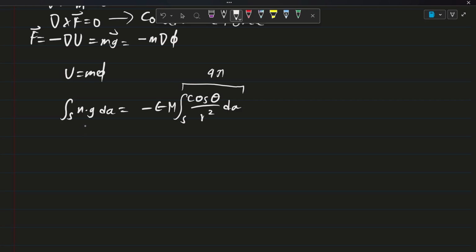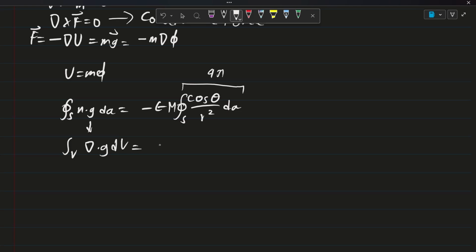On the left-hand side, you could use some ideas from vector calculus. On the left-hand side, it's just mathematics. So g dot n, if you take the volume integral, technically this is a closed surface, so this would become the volume integral of the divergence of g dV.